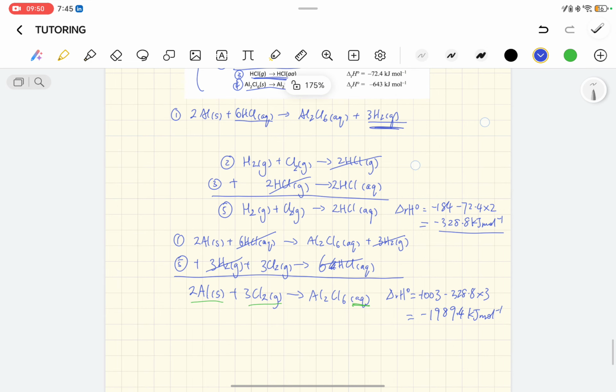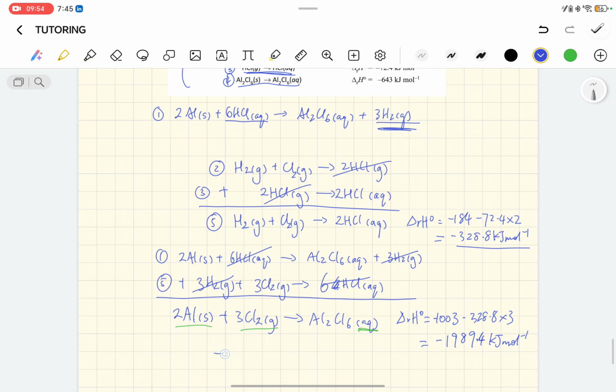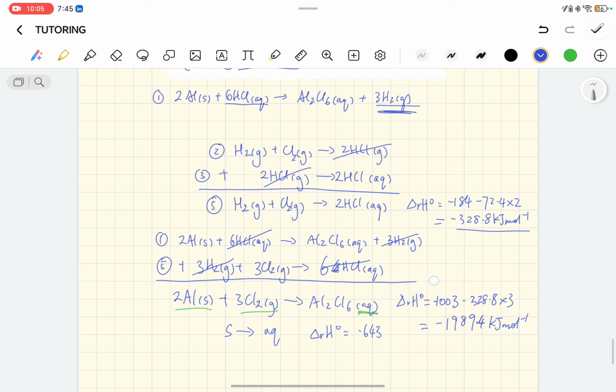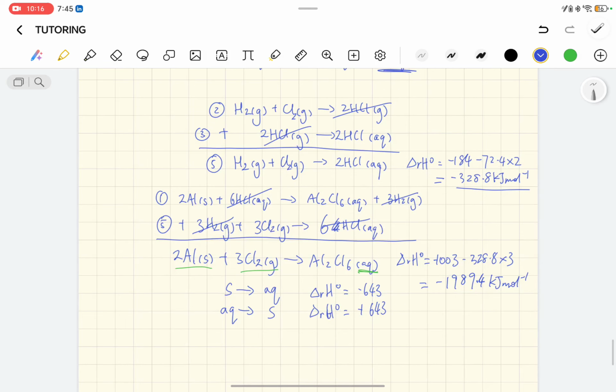So if going from solid to aqueous has enthalpy change of negative 643, then going from aqueous to solid will give me an enthalpy change of positive 643 kilojoules per mole, of course.